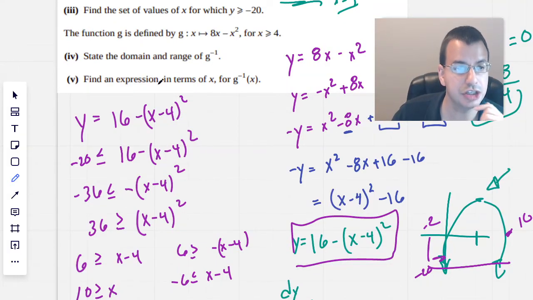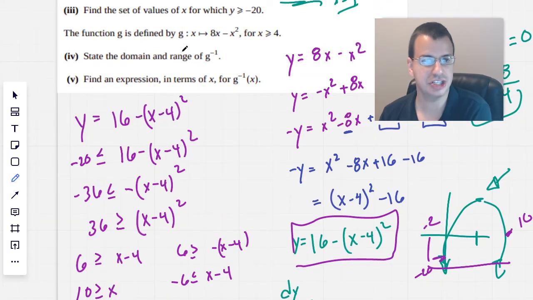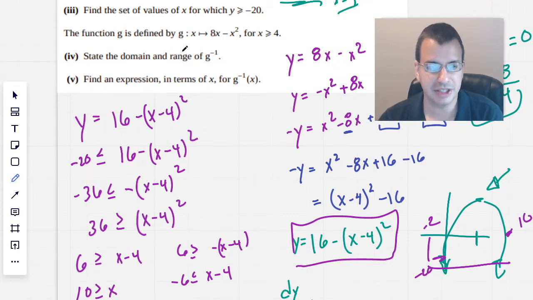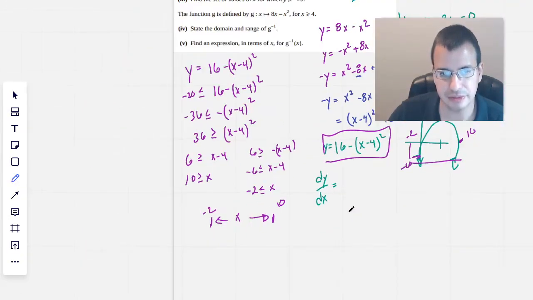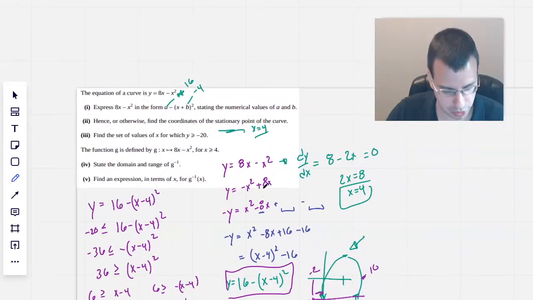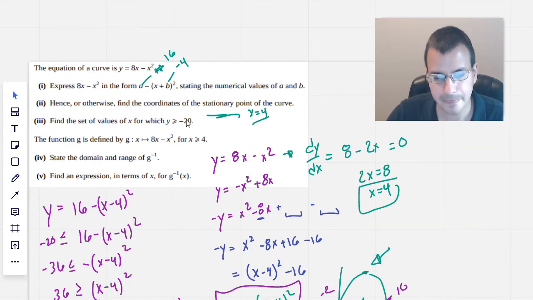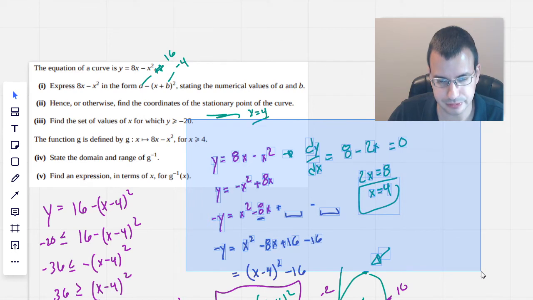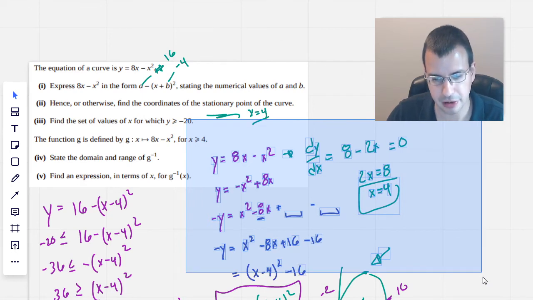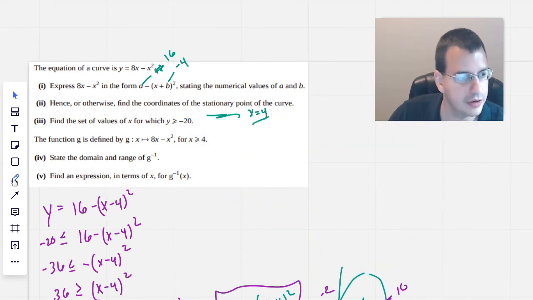Okay, the function g is defined by g of x equals 8x minus x squared for x greater than or equal to 4. So I'm going to clean off a little bit of this real quick. Perfect.